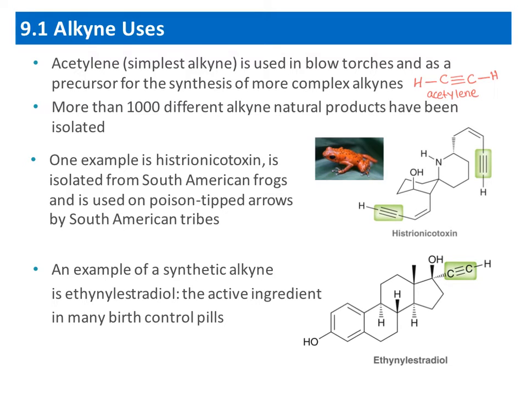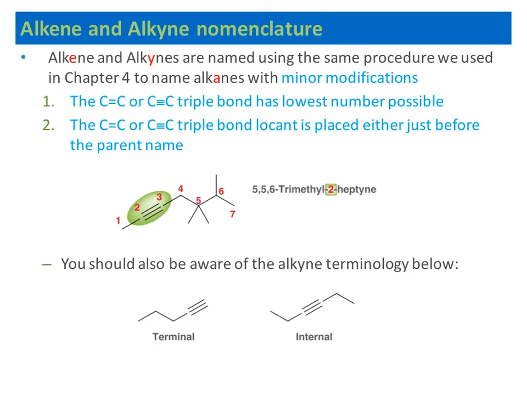Now we are going to talk a little bit about their nomenclature and their reactions. Alkene and alkyne nomenclature is almost similar to what we did for alkanes in chapter 4. So again, you need to find the parent chain, number the parent chain, find the substituents, and put the names of the substituents in alphabetical order before the name of the parent chain.